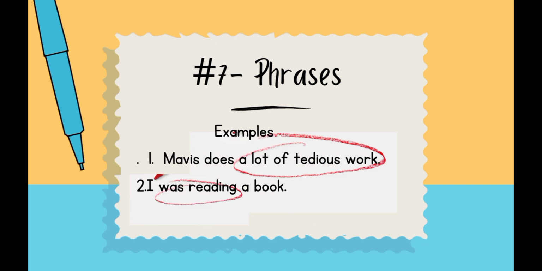Examples of phrases. Mavis does a lot of tedious work. A lot of tedious work here is a phrase. It doesn't make a complete sense; it makes some sense but not complete sense. I was reading a book.